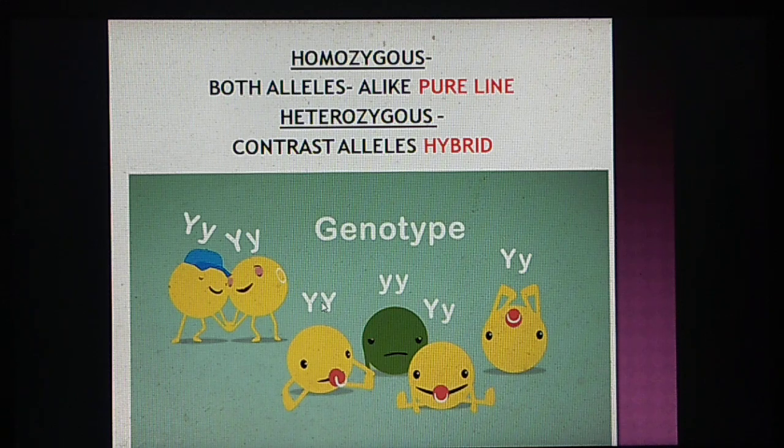So, it is pure breed. Small y, again it is homozygous. So, therefore, it is pure. And the other two are heterozygous, having capital Y, small y. So, it depends on what type of factors are present in the alleles, and which one will be expressed, the heterozygous or homozygous.